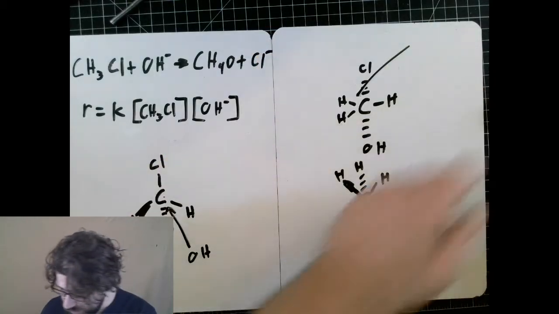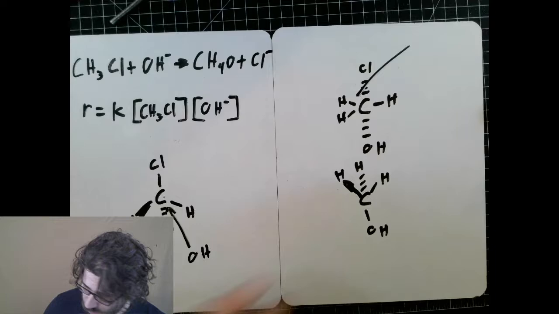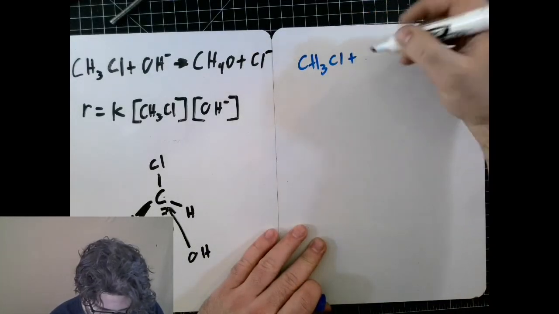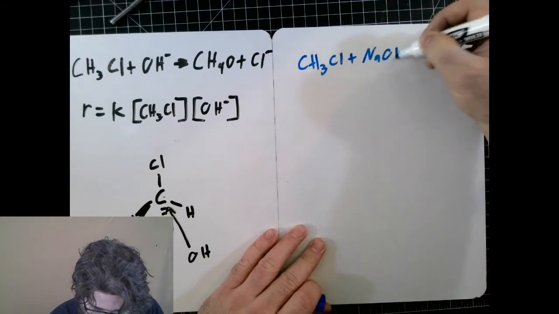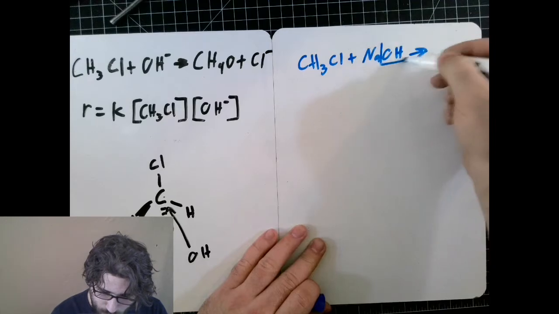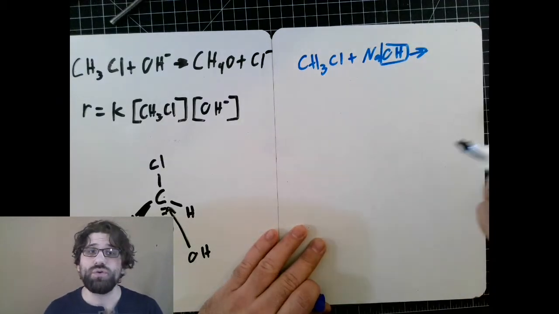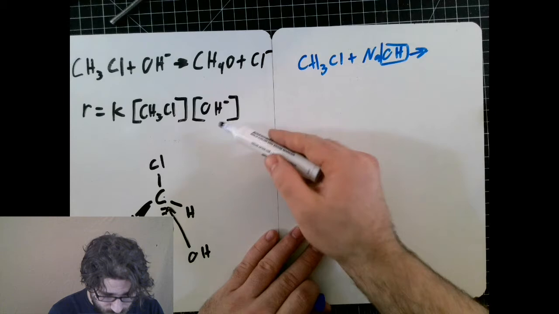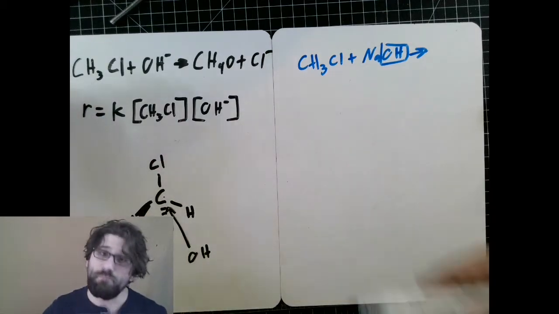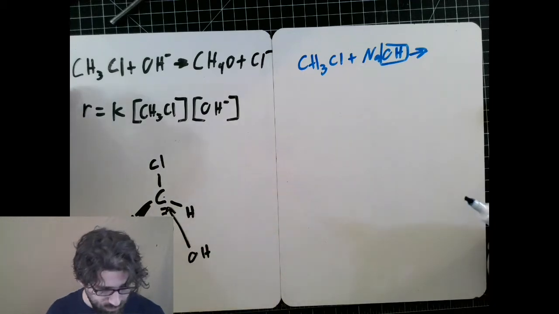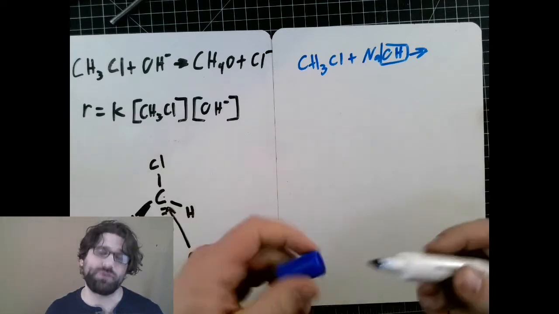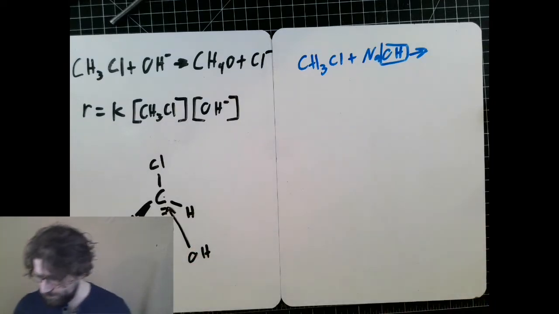So that's why we would see a reaction going forward with CH3Cl plus NaOH would actually increase the rate of this reaction because we'd add more hydroxides to our concentration. By increasing that concentration, we increase our rate. So we can see that because of the mechanism of this reaction, this elementary reaction, we have a rate law that reflects our stoichiometry. Let's look at another one.